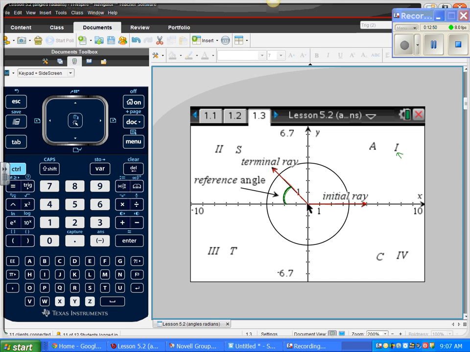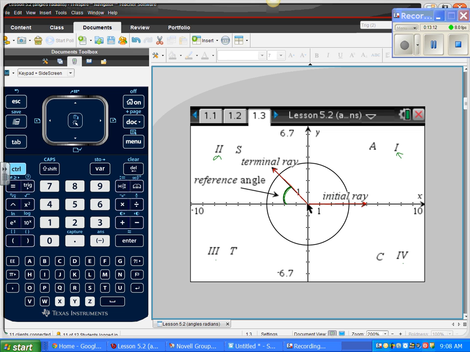Quadrant. Quadrant 1, quadrant 2, 3, and 4. Counterclockwise. ASTC we'll talk about a little bit later on. It stands for All Students Take Calculus. We'll get there in a couple of days, but that's going to be very important for us as well.